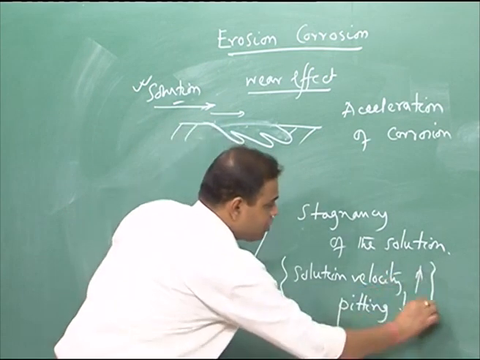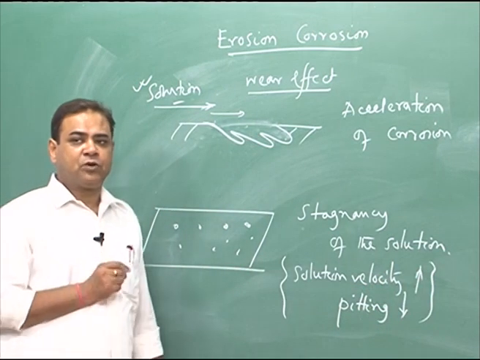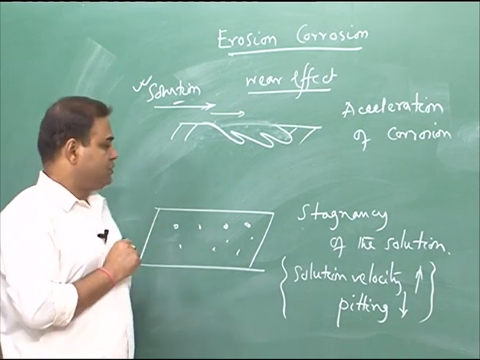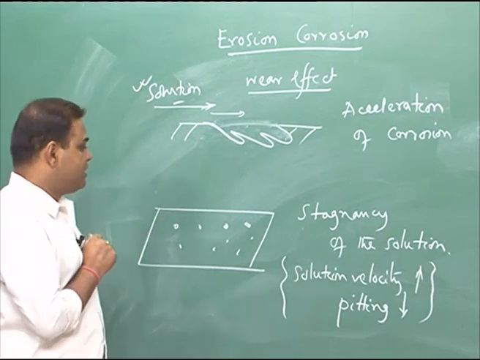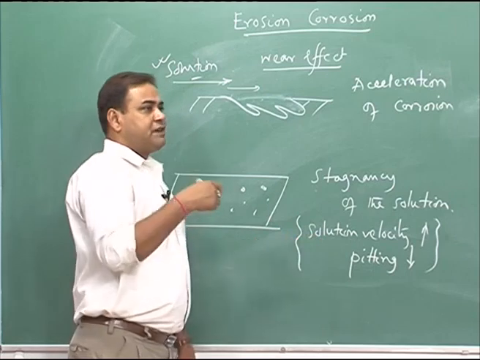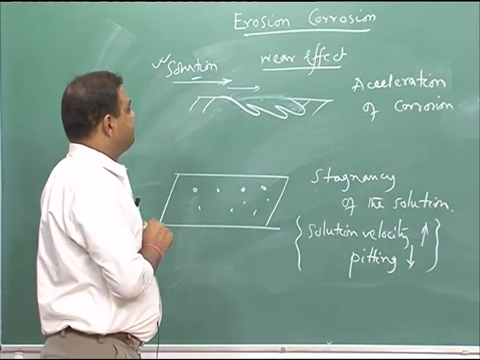That means because of an increase in solution velocity, one particular type of corrosion phenomenon, which is very insidious or very dangerous with respect to the material property under reuse, is reduced: the pitting resistance improves or the pitting decreases.